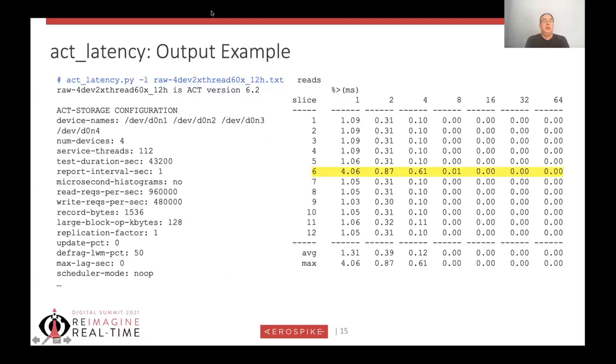Here is a short example showing a 12-hour run, and it's being run with the default slice interval of 1 hour. You can see it echoes back the configuration parameters that were used to generate this. And this run is interesting because you can see that it did pass.